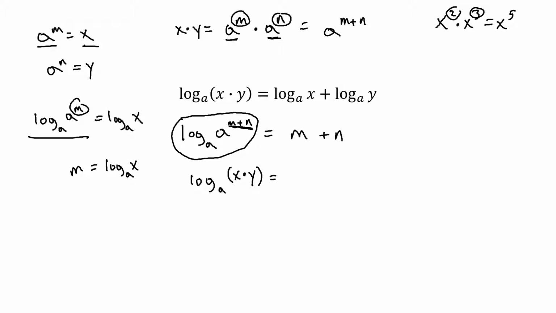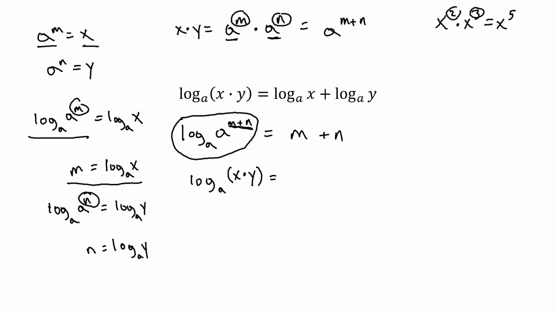And if we did the same thing with n, then we would end up with log of a to the n is equal to log of y. And of course, we're going to keep the base as a. So right here we're asking what's the power? The power is n. So n is the same as log base a of y.